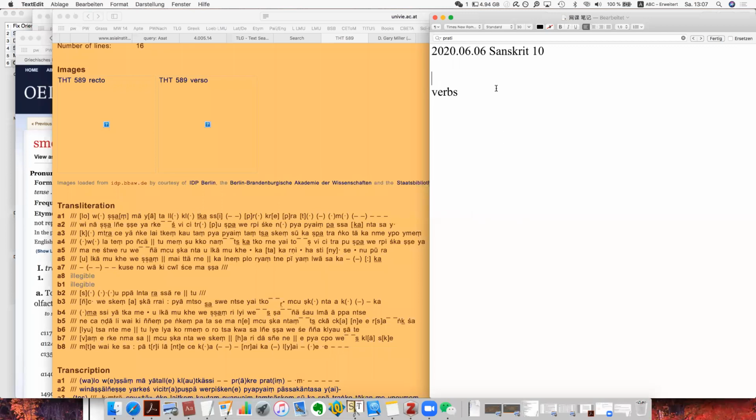On Tuesday, we checked the verbs of Sanskrit. Tuesday is the Tokharian class, but we talk about the Sanskrit verbs because they are fundamental for our understanding of Indo-European languages.